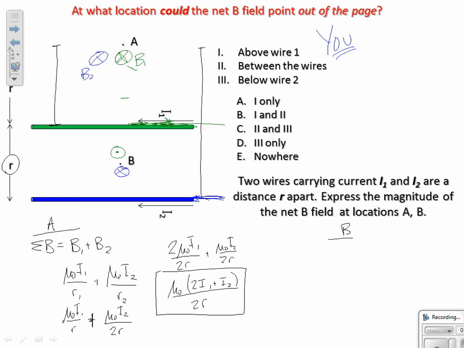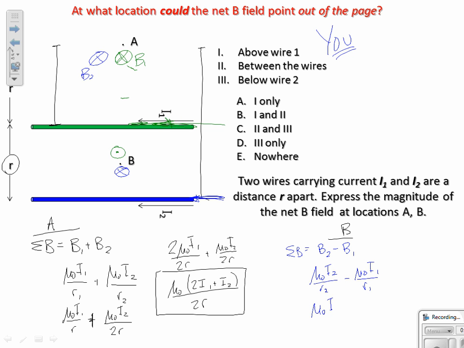So that means that the net field is B2 minus B1, or mu naught I2 over R2 minus mu naught I1 over R1. I'm making my mu's weird. We know they look like that. I keep doing them like this. They don't look like that.